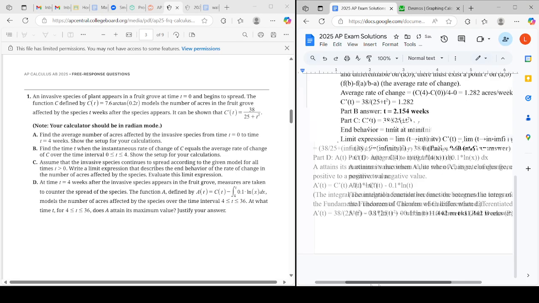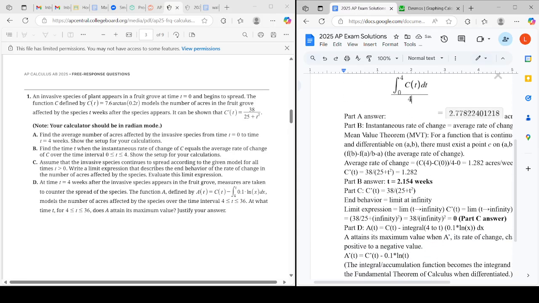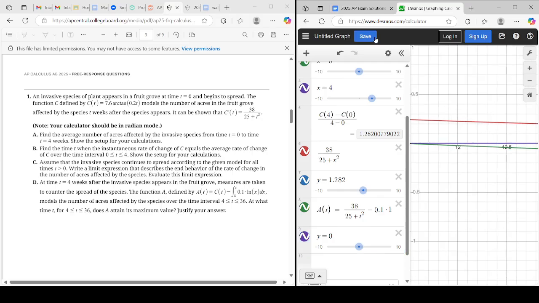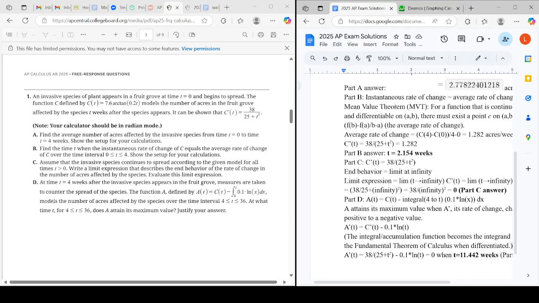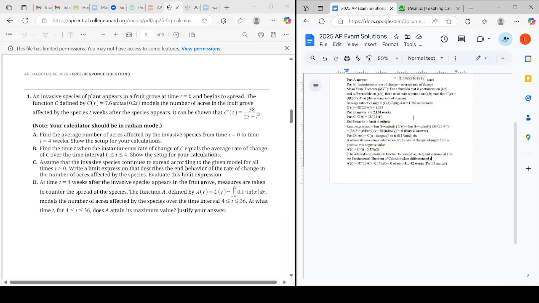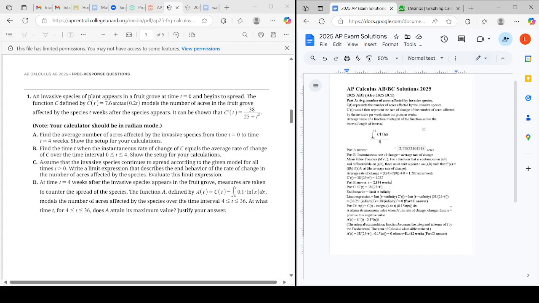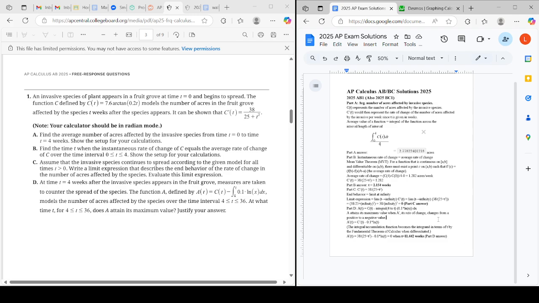And it does indeed change from positive to negative, based on what we see here. It's above 0 all the way here and below 0 here. So we can confirm this. I'm going to zoom out a bit and you'll be able to see the entire answer here. And just confirm. So that was the first question.